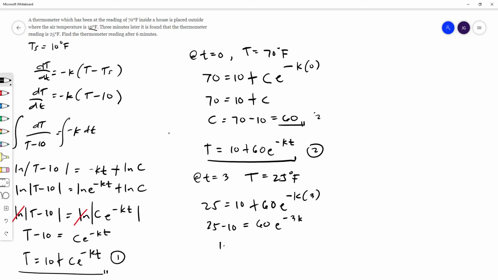Then we have 15 is equal to, okay, we just need to transpose 60 to our left hand side, that is 15 divided by 60. Then we have e raised to negative 3k.